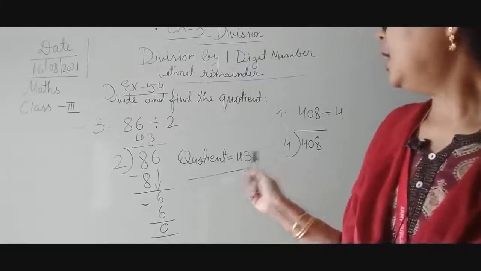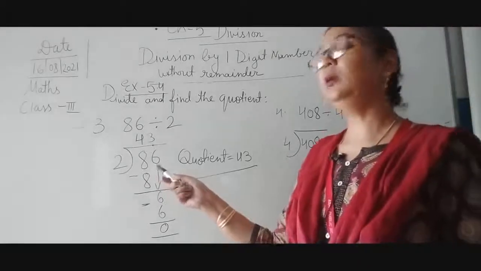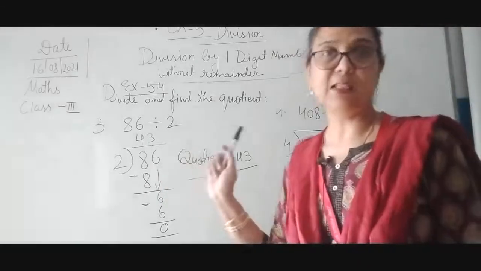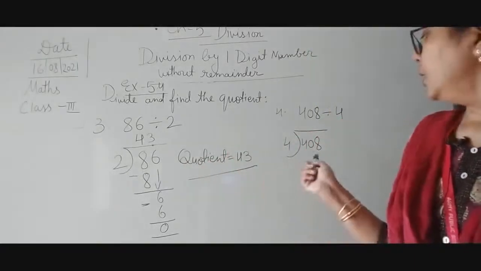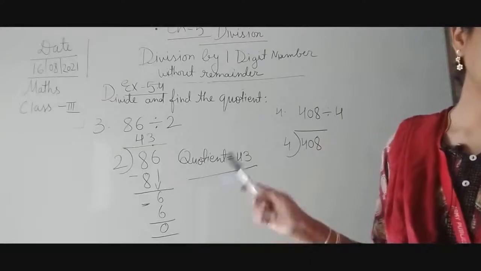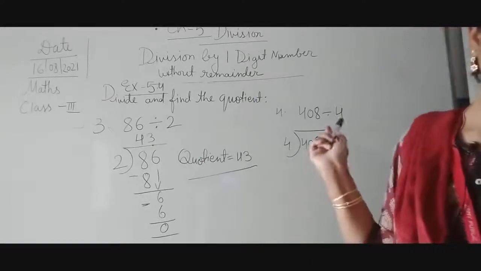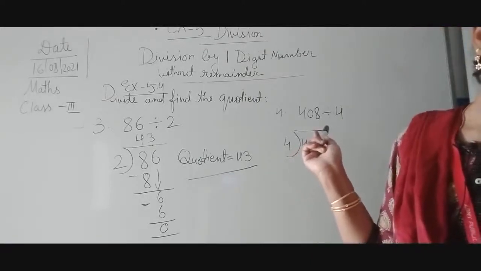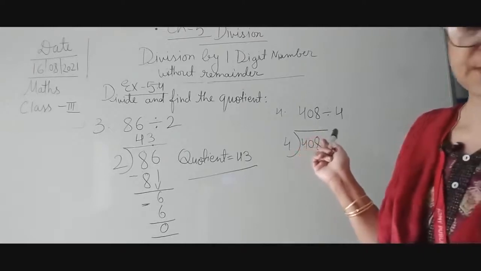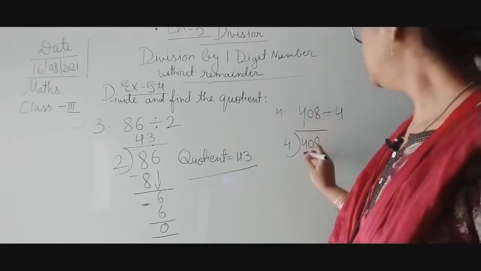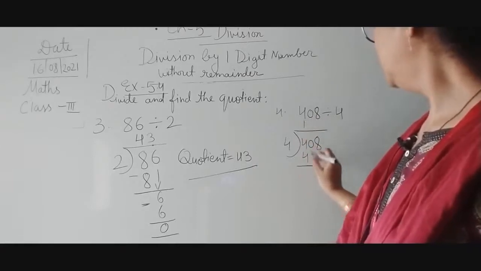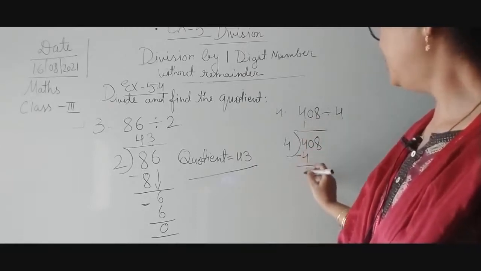Okay. Now here we were doing tens numbers. Now here it is 100. It means 408. So how can we do that? We will learn first. First we will do 4 ones are 4. So here when we subtract we will get 0.